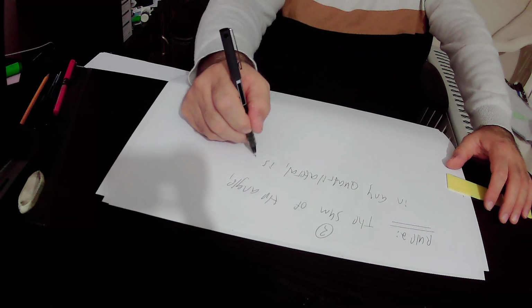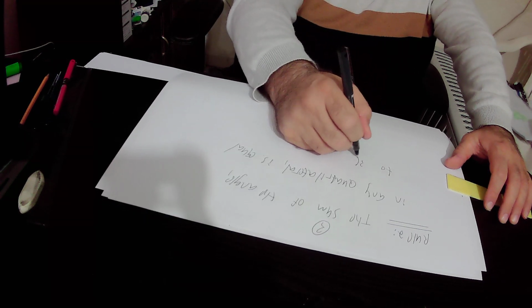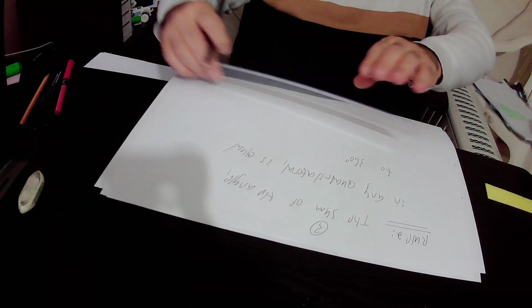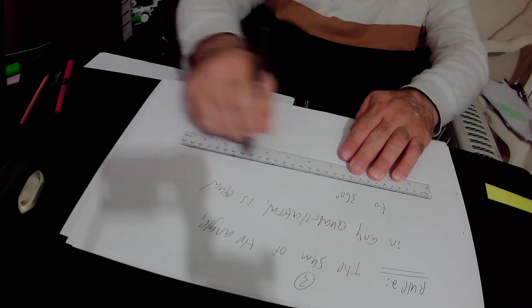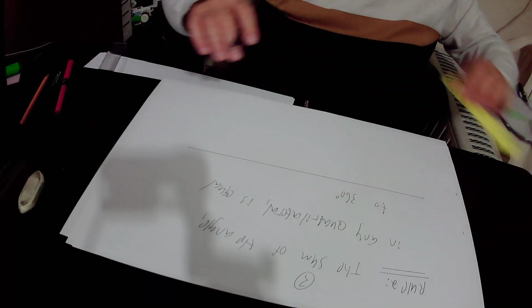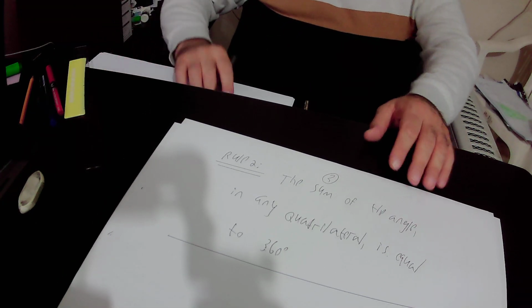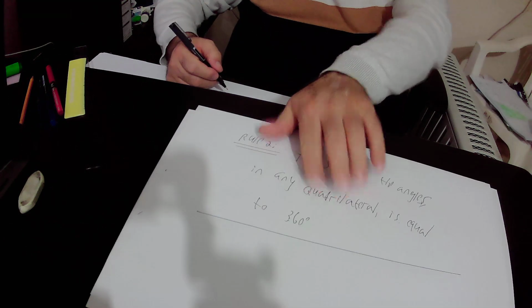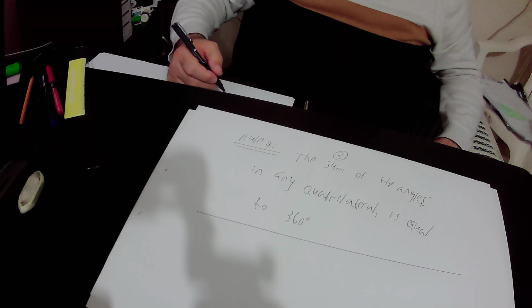I'll read rule number 2 again. According to rule number 2, the sum of the angles in any quadrilateral is equal to 360 degrees.